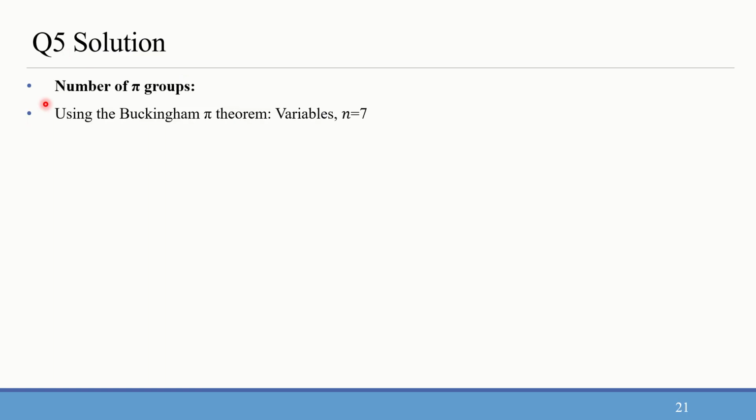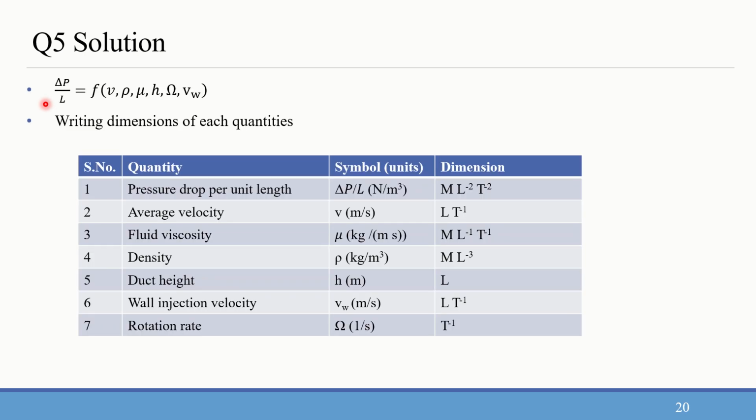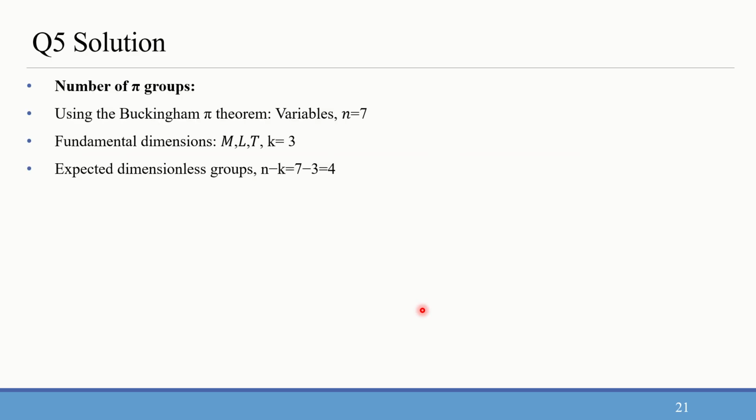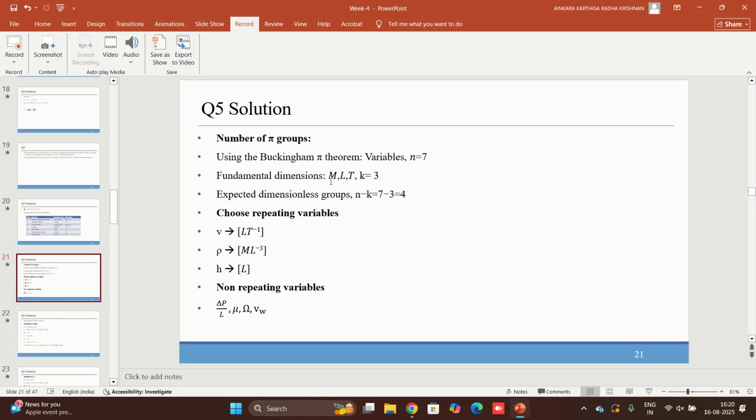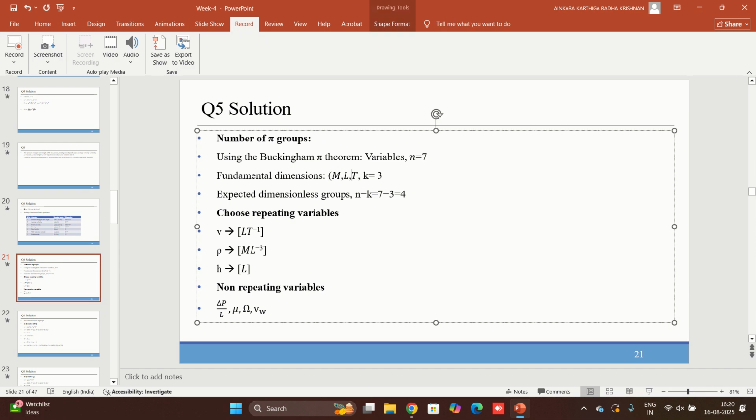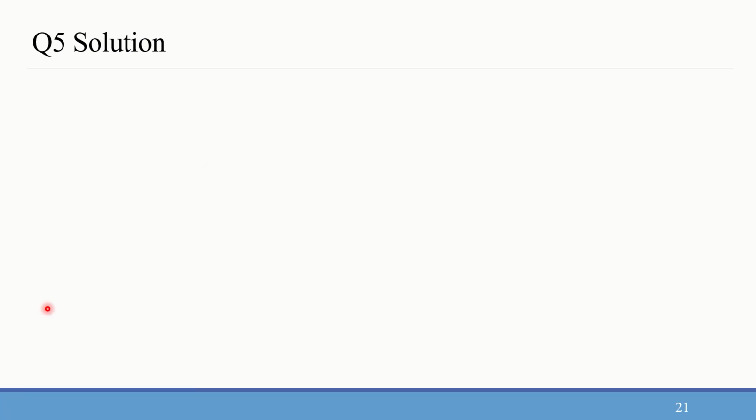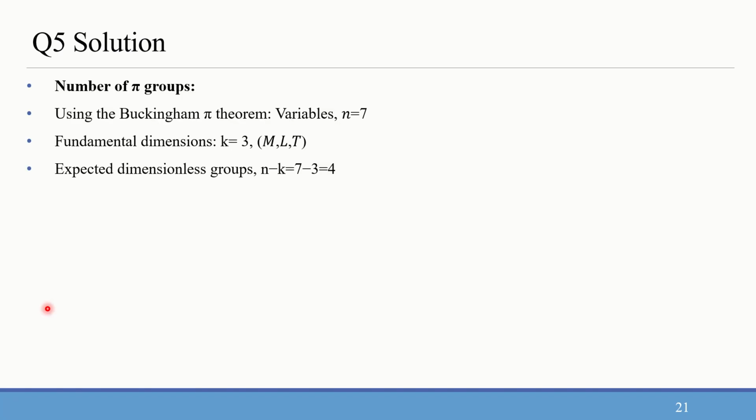For identifying the number of pi groups using the Buckingham pi theorem, we have the number of variables as 7, and the fundamental dimensions in the problem are M, L and T. We don't have anything else, so the number of fundamental dimensions is K equals 3.